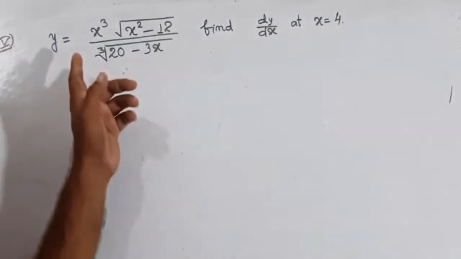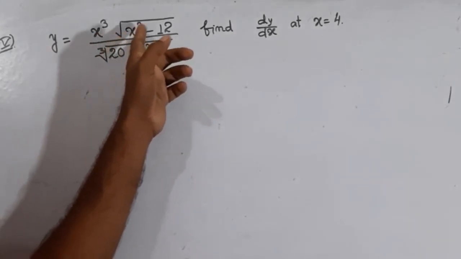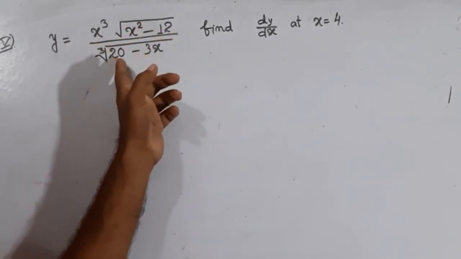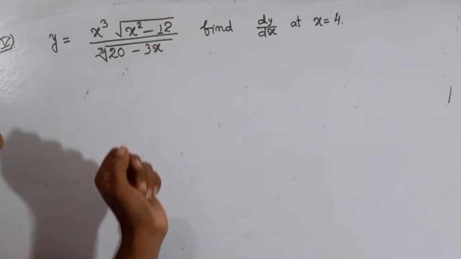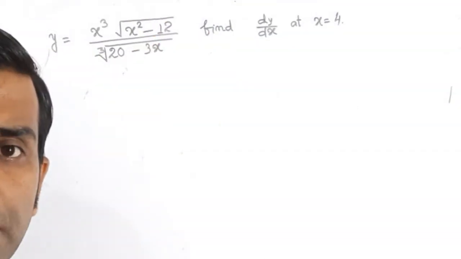This is y is equal to x cube into root over x square minus 12 by cube root of 20 minus 3x. This is u by v form. It will be easier if we take log on both sides.